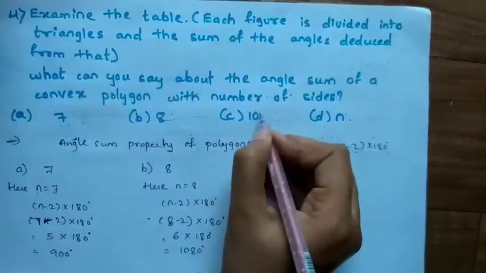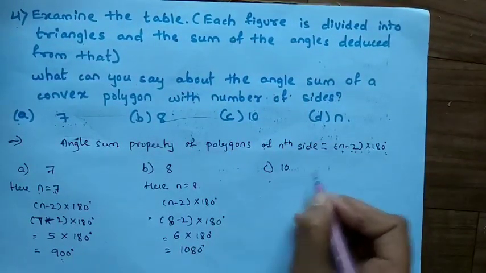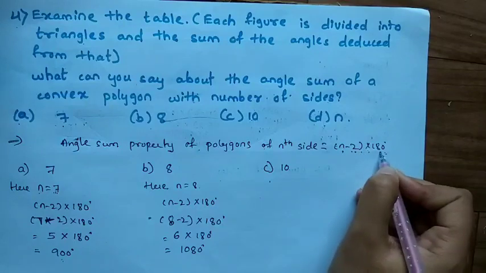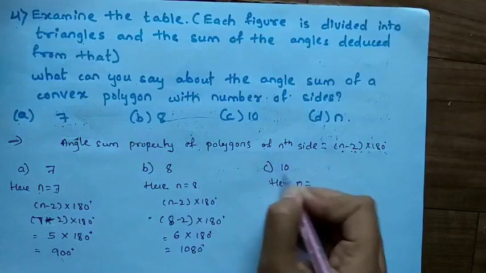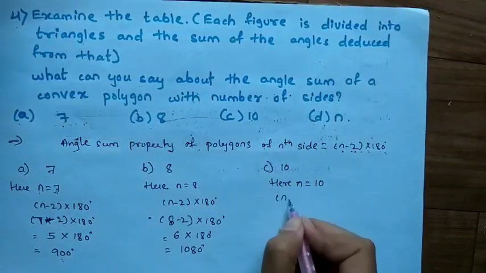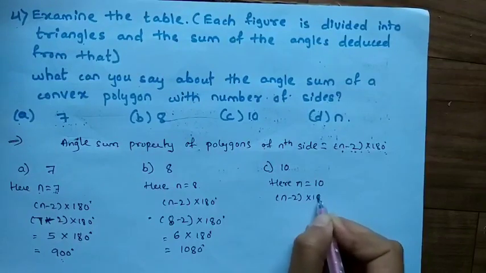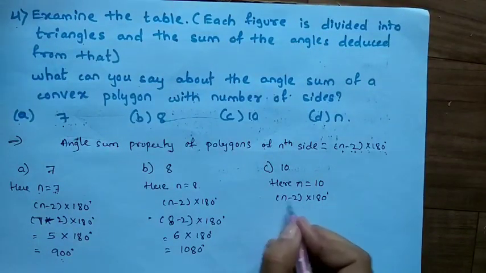The number of sides is 10. The formula is (n minus 2) into 180 degrees. Here n is equal to 10 because the number of sides is 10.